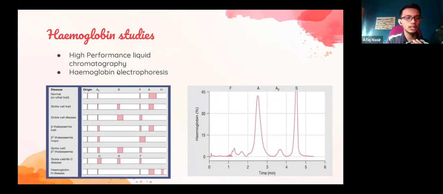From the hemoglobin electrophoresis, we could find the composition of the different types of hemoglobin in the patient. We take beta thalassemia major as the example. Here we could see that there is no hemoglobin A present because of no production of the beta globin chain.